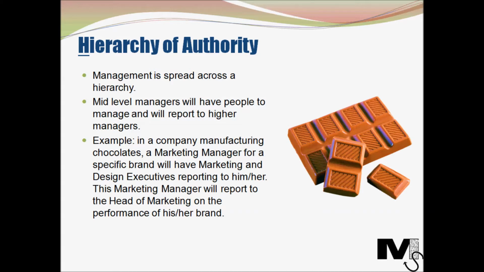Essentially, mid-level managers will have people to manage and will report to their higher managers. So this ensures that there is easier management of tasks and that each manager can be held responsible for the performance of the people who report to him, and so on. So you understand, it's sort of like a hierarchical structure.